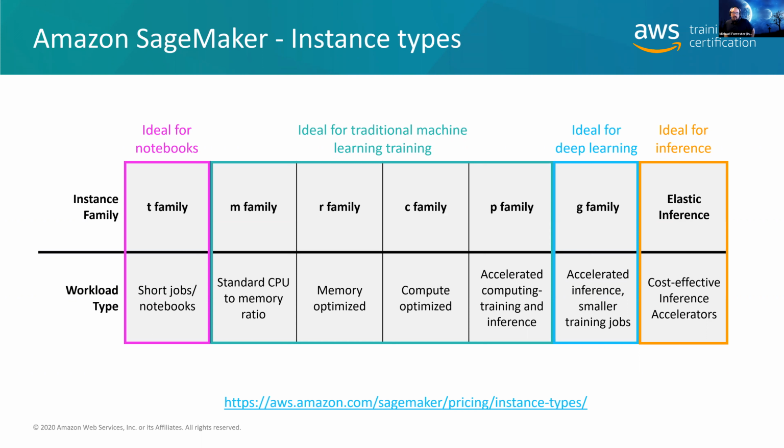Chris, to clarify that, inferencing refers to when you use the model to basically make predictions in production, right? So it's really fairly synonymous with predictions. It just happens in production.